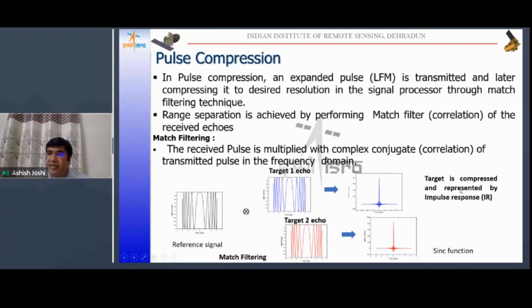The target is compressed and represented by the impulse response. So in pulse compression, if the LFM is multiplied with its complex conjugate, which is also called matched filtering, we get a very fine range resolution by compressing the target. This is called pulse compression.